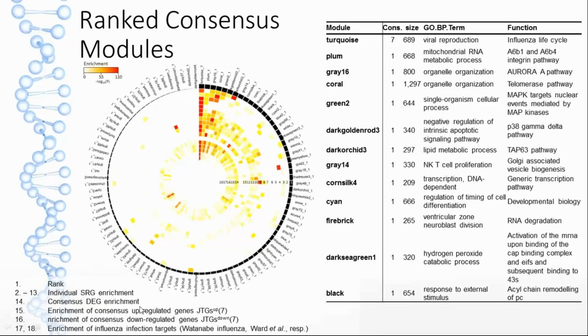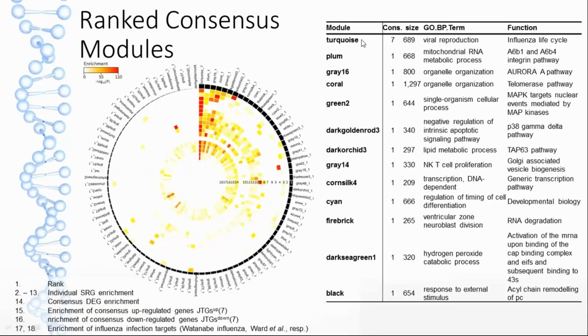On the inner rings, I checked the enrichment of known signatures of influenza infection. All the best, the highest ranked modules, are of course significantly enriched, and also have something to do with influenza infection. That's what you to some extent expect.